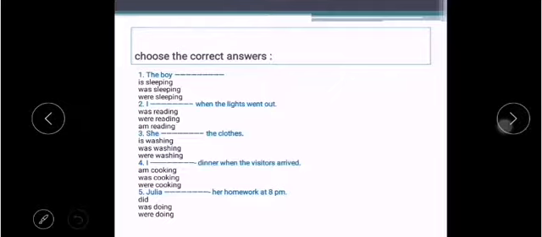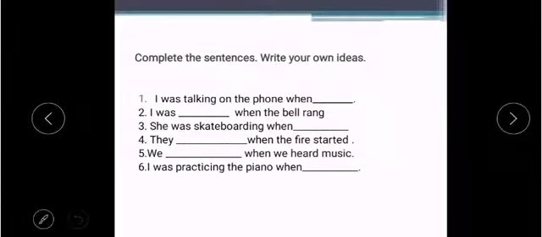Okay, so this one is an extra activity for people who like it. Complete the sentences, write your own ideas. You are free to complete with your own ideas for whatever event happens and interrupts. I'm going to give you the meanings and you can write whatever you want. Okay.